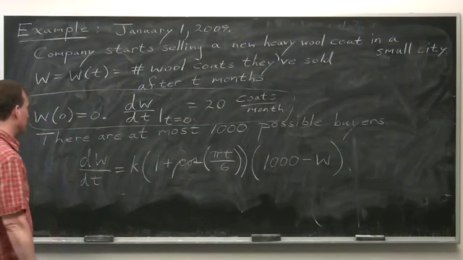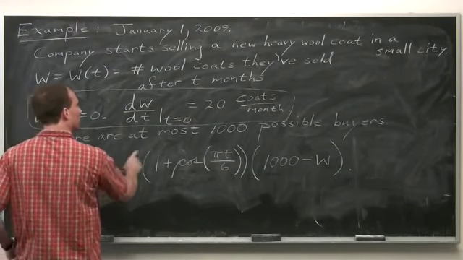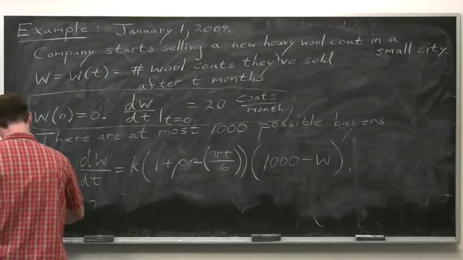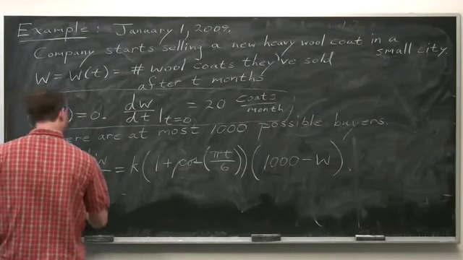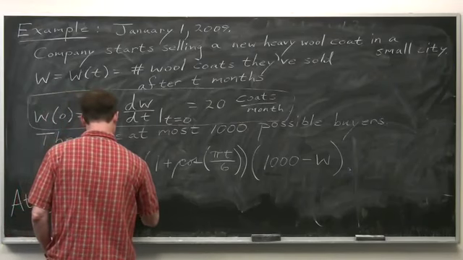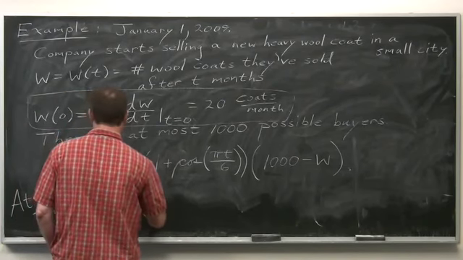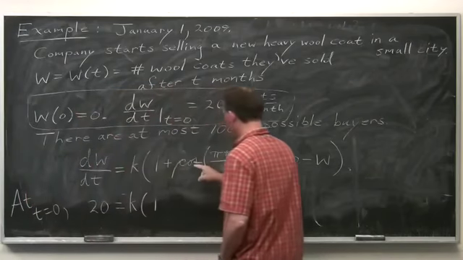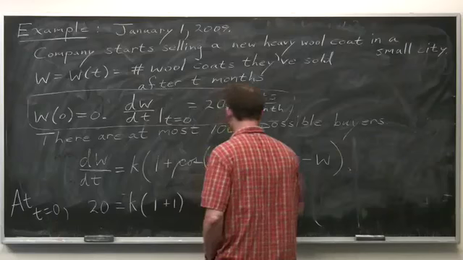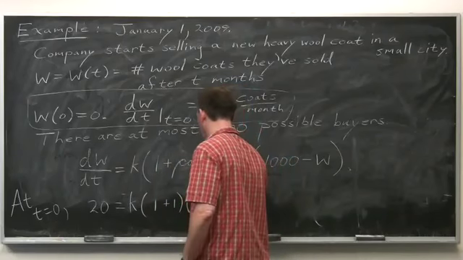This differential equation holds at time 0, so dw dt is 20. So at time 0, you get 20 has to equal k times 1 plus, when t is 0, cosine of 0 is 1, so this is 1 plus 1, and w is 0 at time 0, so we get 1,000.